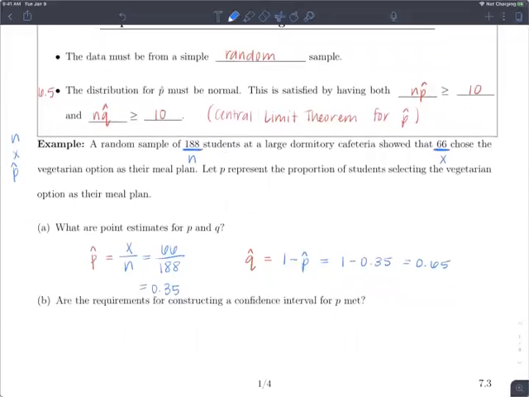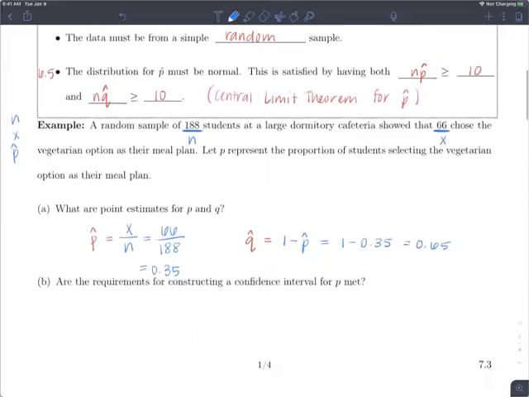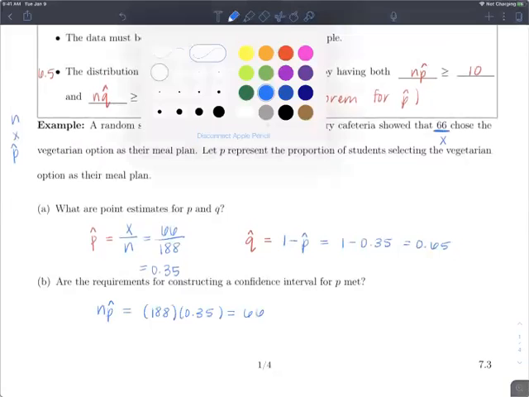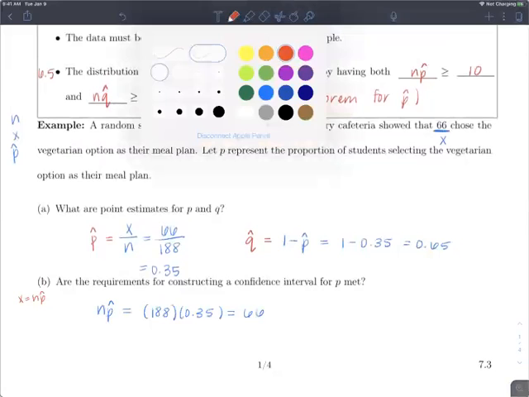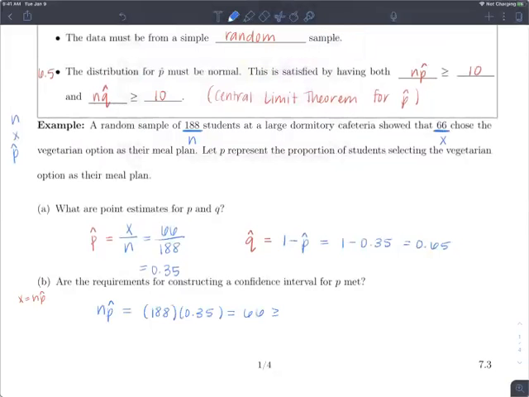And then I'm going to do part B really quick. We only have a minute left. But here you want to check that N times P hat is greater than 10. N times P hat is going to be 188 times 0.35, which is going to equal 66. Because remember, X is equal to N times P hat. Then you also want to check that N times Q hat is greater than 10.